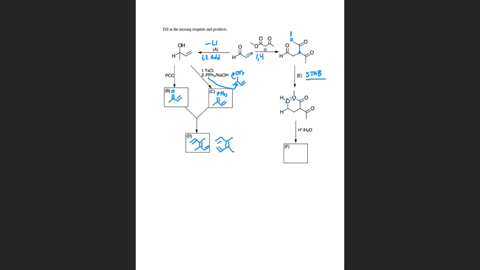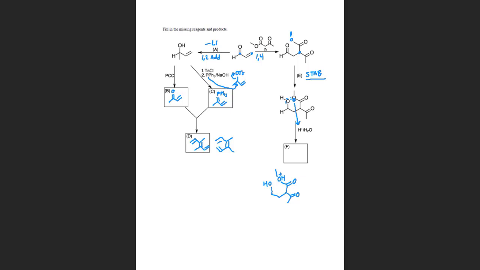I would say these two lone pairs would get this hydrogen here, so this is what it will look like. We have a positive charge here. Because we added a hydrogen over here, we can also add it to this alcohol here.